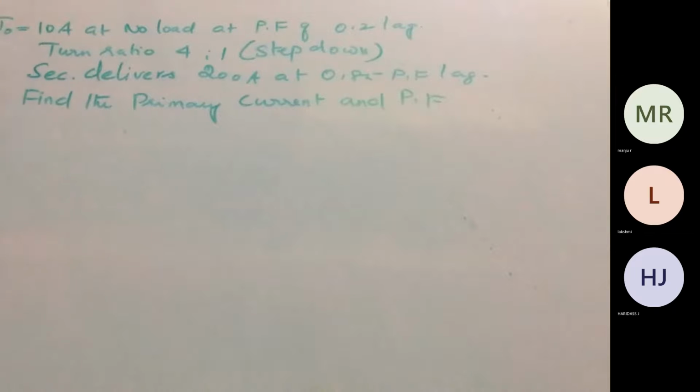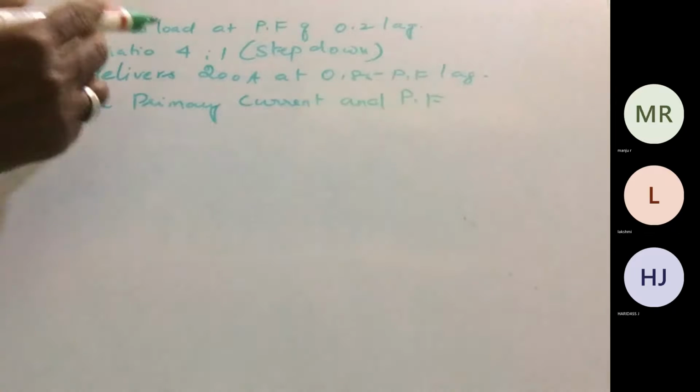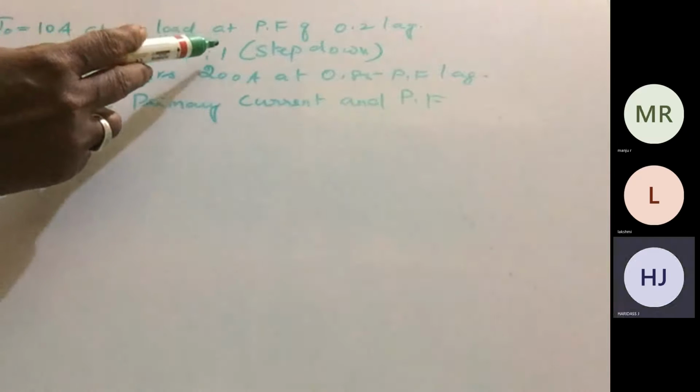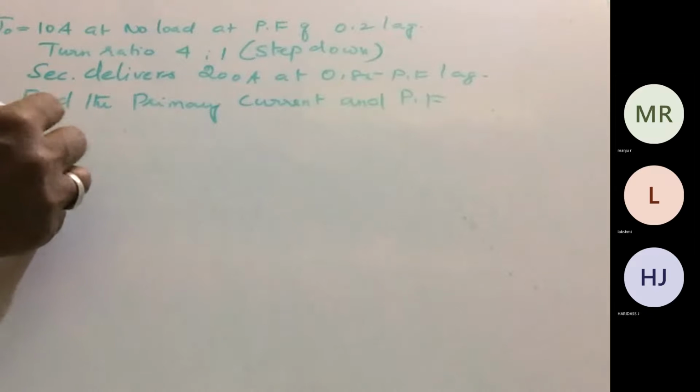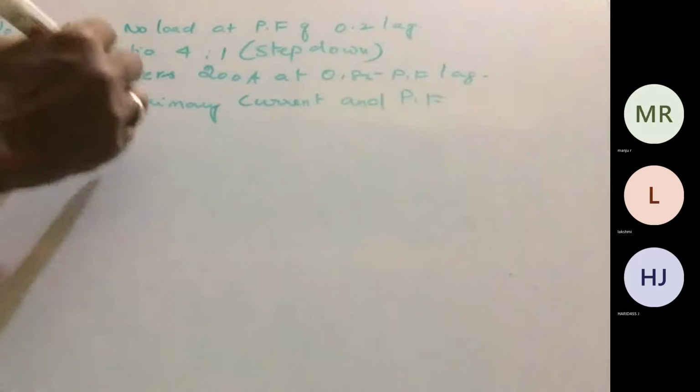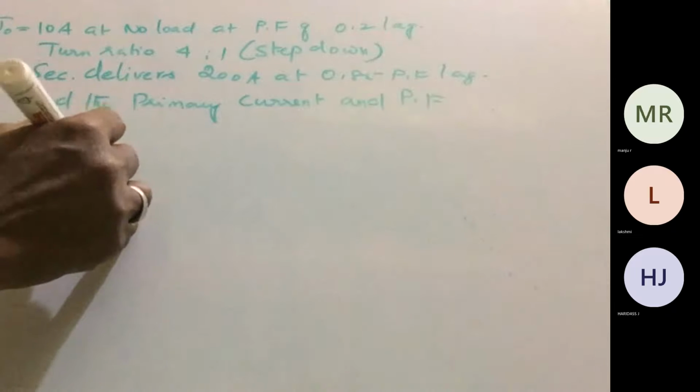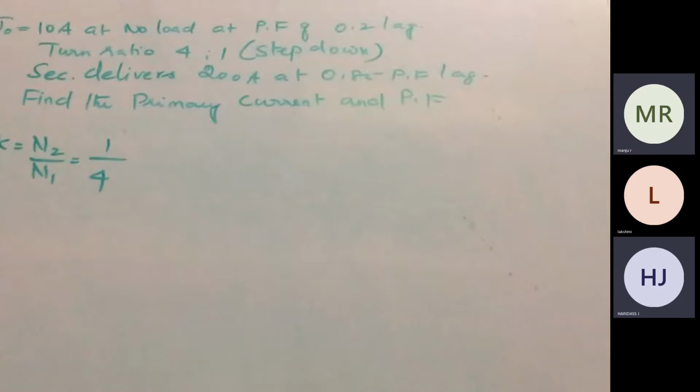No load means I0. So turns ratio 4:1, secondary is 1, primary is 4. In terms of turns ratio, K is equal to N2 by N1, so N2 is 1 and N1 is 4, 1 by 4.